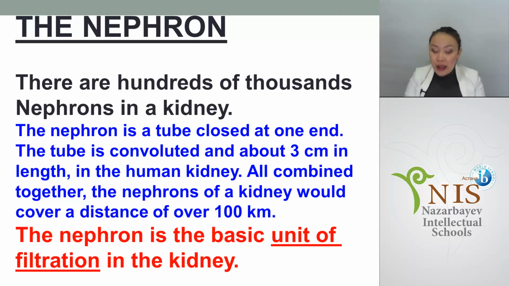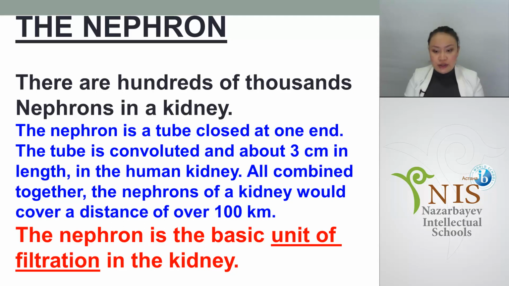Okay, now we will look at the basic structure of the kidney. We said that each kidney consists of several hundreds of thousands of nephrons. What is a nephron? The nephron is a tube closed at one end.